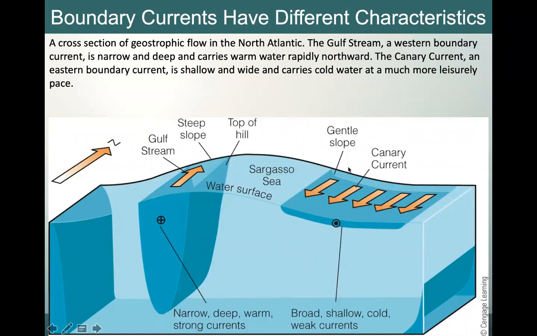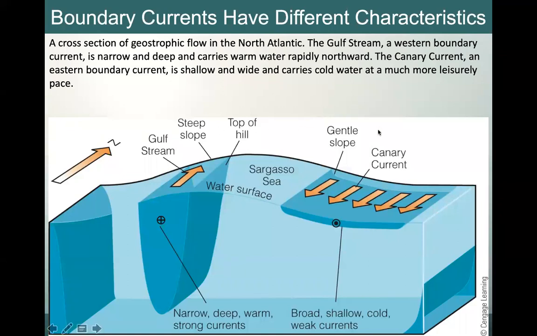So we're going around the whole North Atlantic in this diagram. On this side, we have the Gulf Stream, which, as we see, is fairly narrow and very deep, sometimes going all the way down to the seafloor.